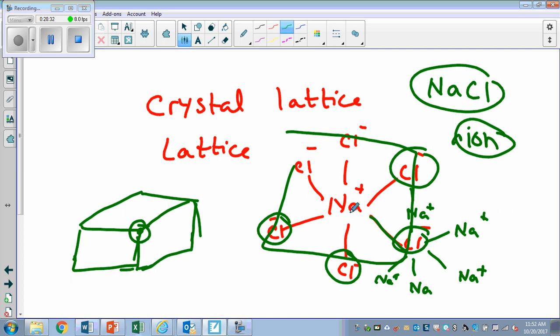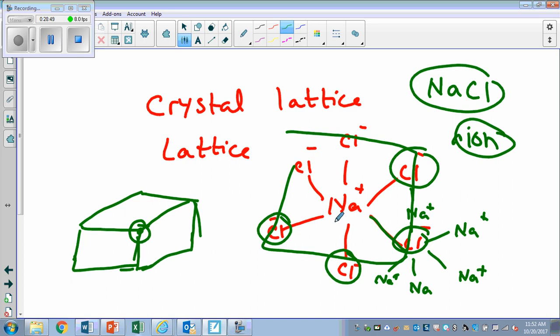Overall, each sodium ion is attracted by the negative ions, and to break this, you need a certain amount of energy. That energy is called lattice enthalpy.